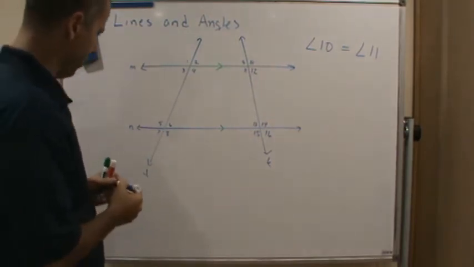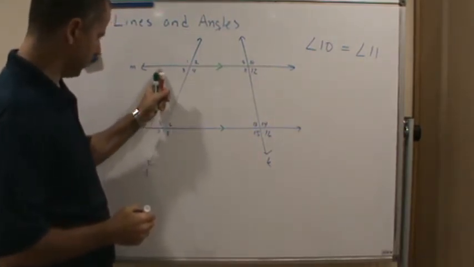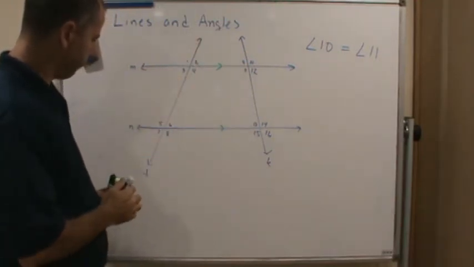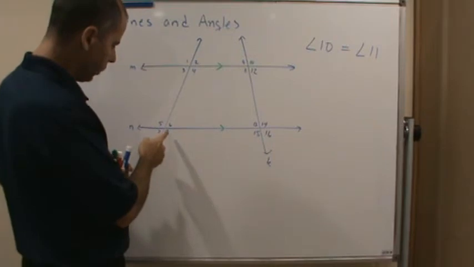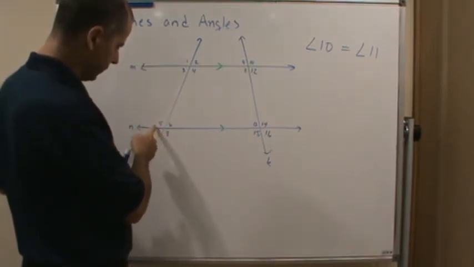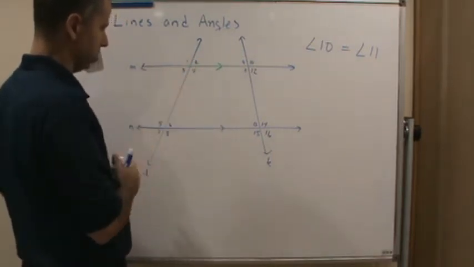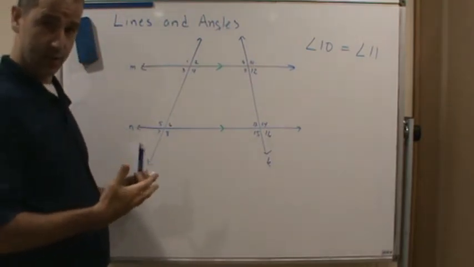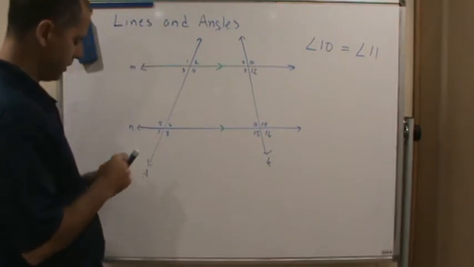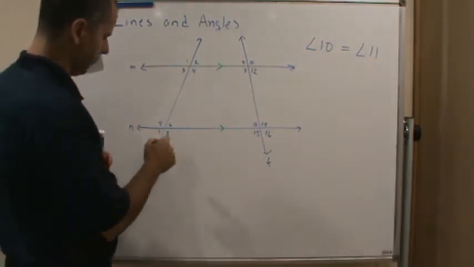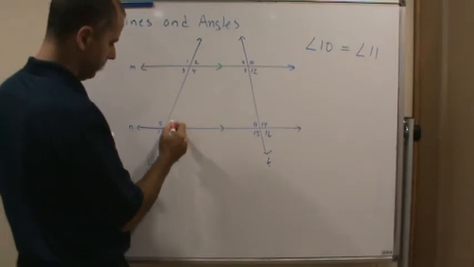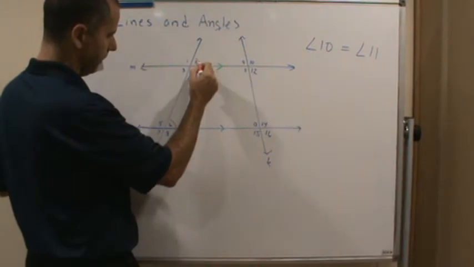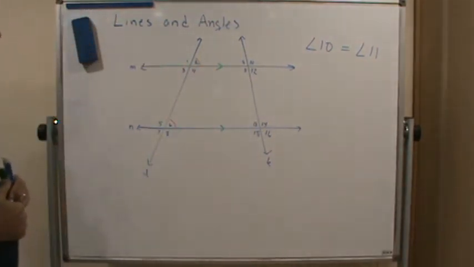Now, there's another type of pairs of angles that we want to talk about. Notice that again, these two lines are parallel. And if we cross with this transversal, what happens? We get these sets of angles, and we get these sets of angles. Well, it turns out, and if you think about it, it makes sense, it turns out that this angle here is the same as that angle there.